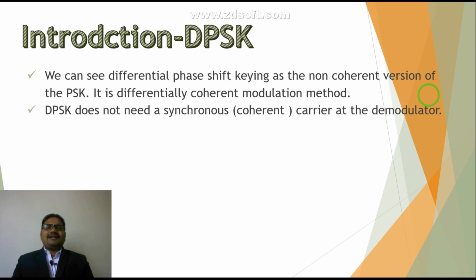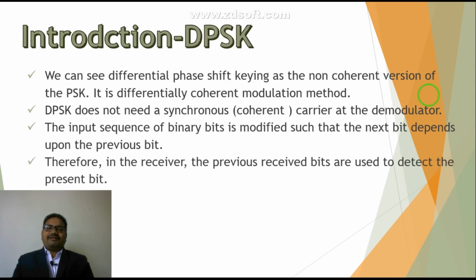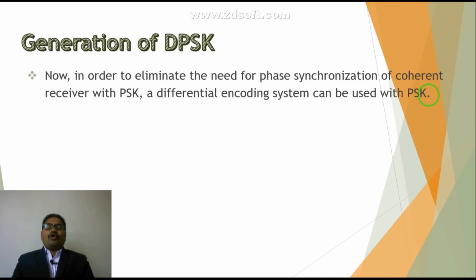DPSK doesn't need a coherent carrier at the demodulator. The input sequence of binary bits is modified such that the next bit depends on the previous bits. Therefore, in the receiver, the previously received bits are used to detect the present bit. Now, in order to eliminate the need for phase synchronization of the coherent receiver with PSK, we are going to use a differential encoding system.